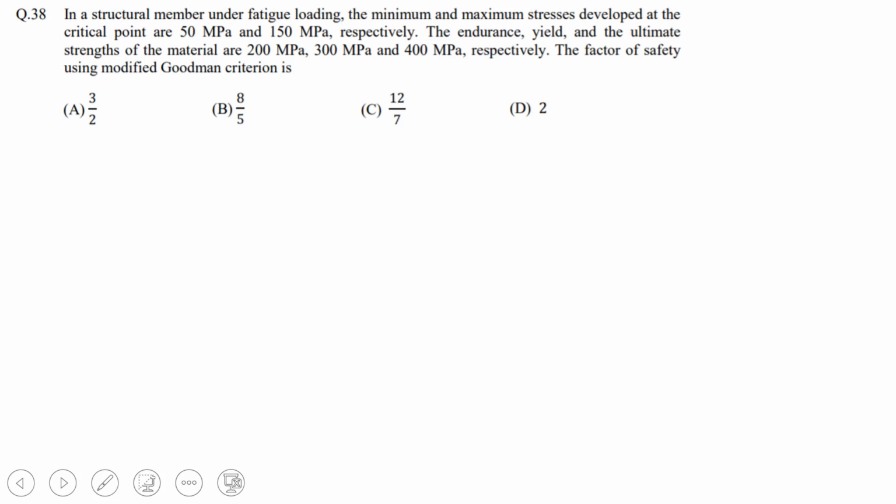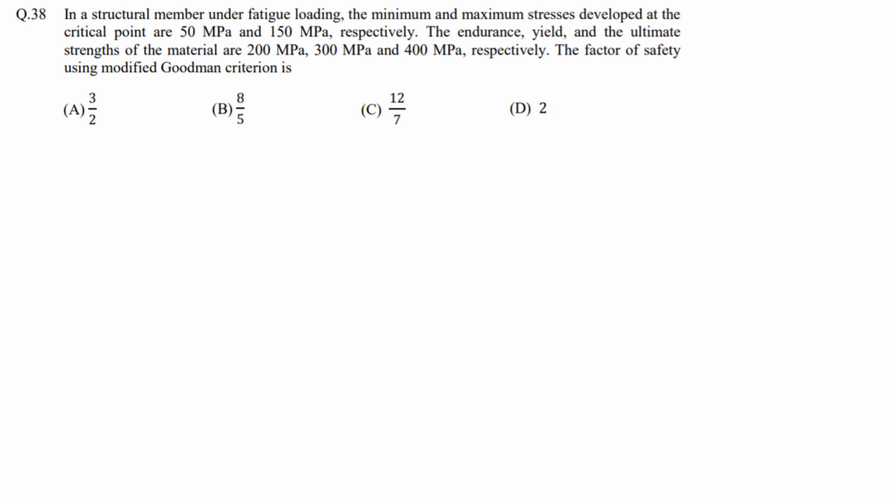In a structural member under fatigue loading, the minimum and maximum stresses developed at the critical point are 50 MPa and 150 MPa respectively. The endurance, yield and ultimate strength of the material are 200, 300 and 400 MPa respectively.